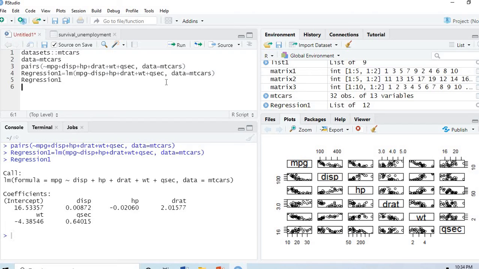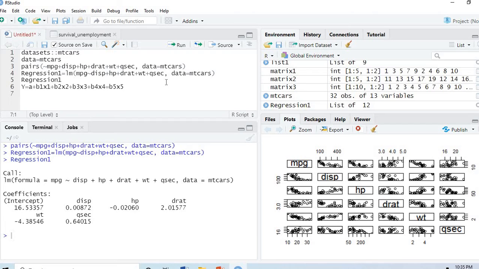The formula for this equation is y equals a plus b1 x1 plus b2 x2 plus b3 x3 plus b4 x4 plus b5 x5.